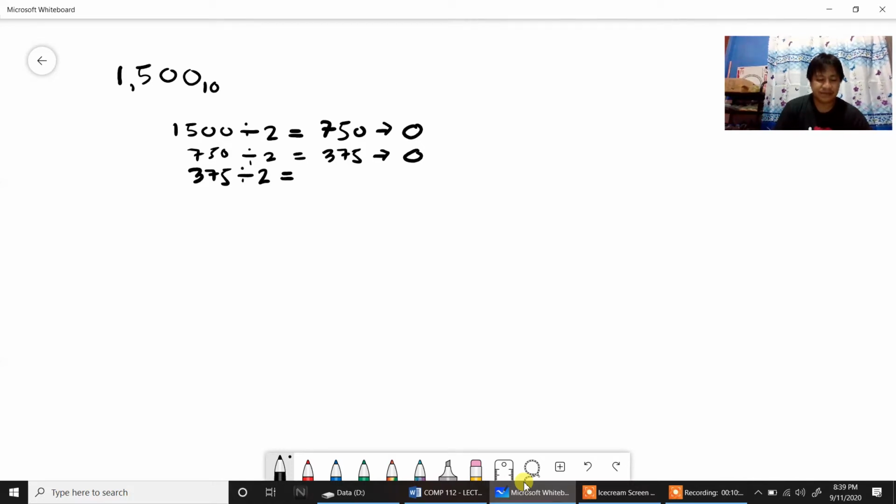So 375 divided by 2 is 187.5. So as I've said, we will just omit 0.5. So we retain just the whole number. So that means since it is 0.5, it becomes 1. So 187 divided by 2. So that means 187 divided by 2 is 93.5. So we retain just the whole number 93, then make it 1.